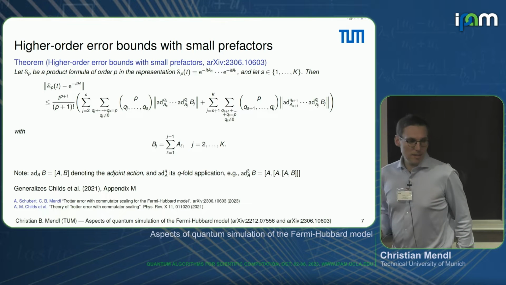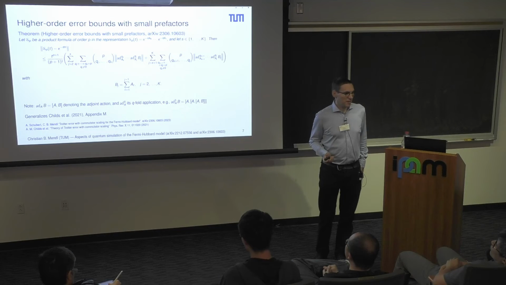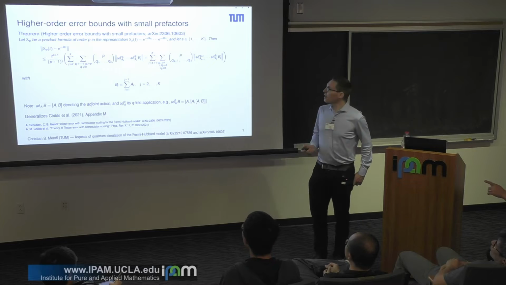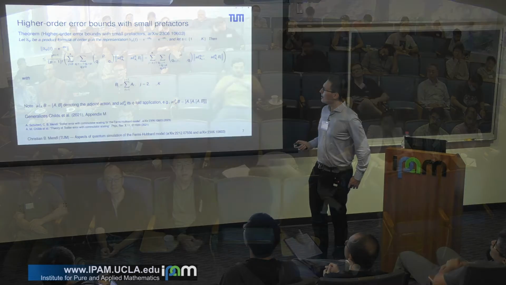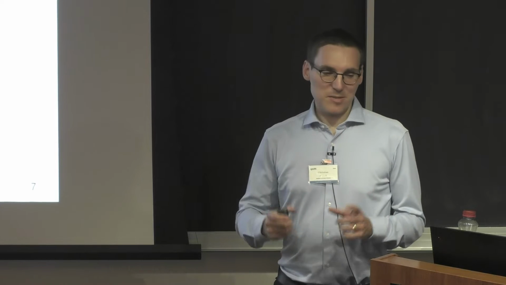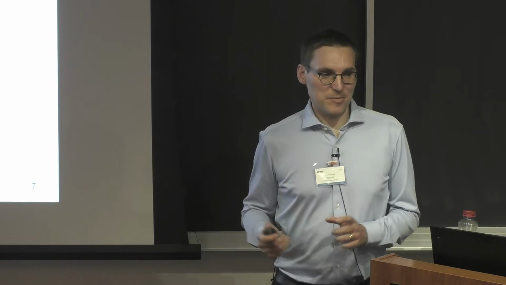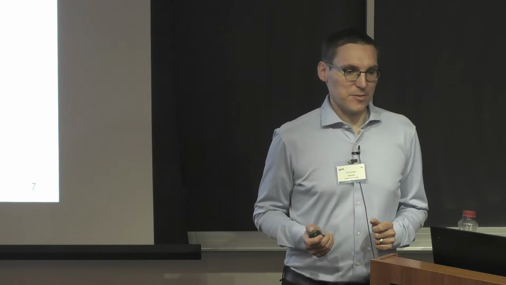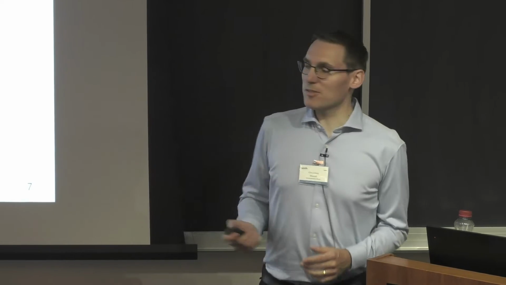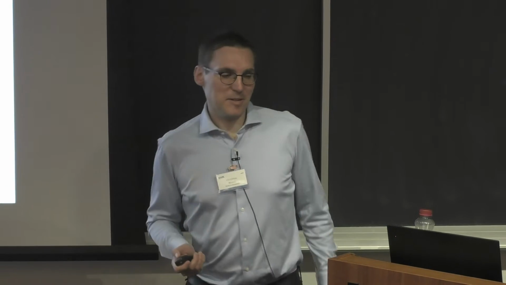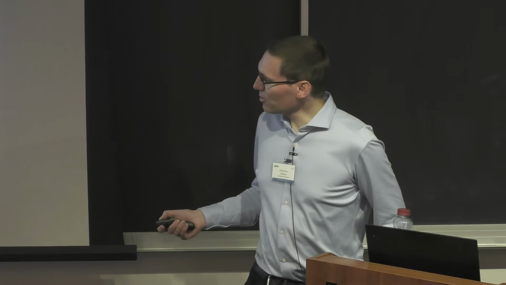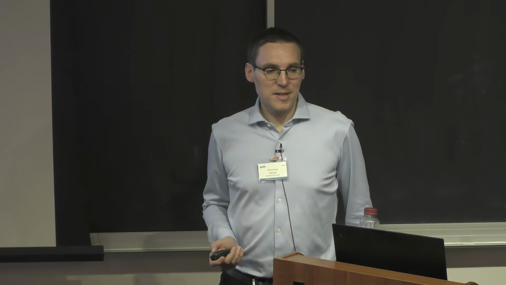Sorry? What does small prefactor mean? Oh, sorry. This is just nomenclature, so to say. It's more like saying we explicitly give the prefactors, or we try to have a sharp bound. It's just a nomenclature which we actually also took from the paper here.